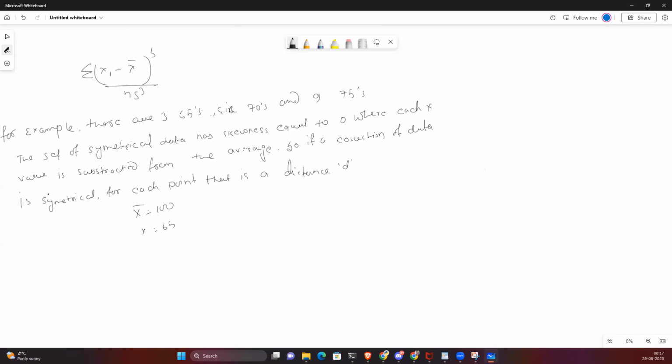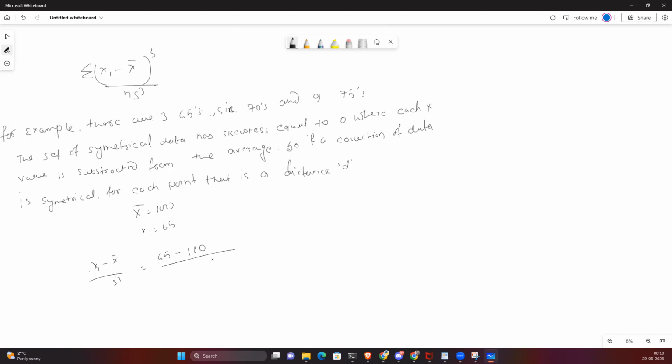Applying this on the formula, it will be xi minus x bar divided by s cubed. So x1 is 65, minus x bar, which is 100, divided by s cubed.